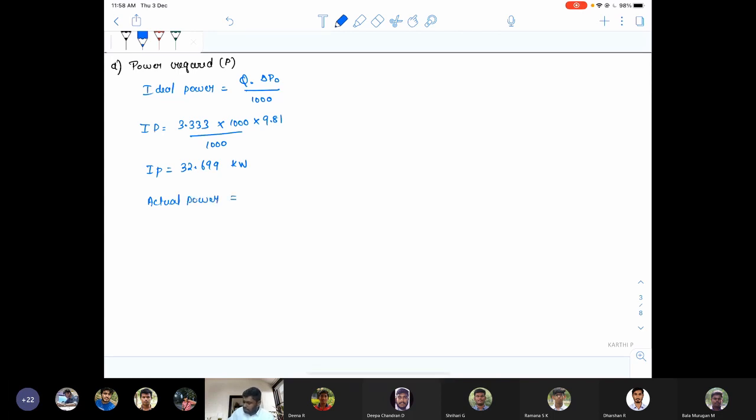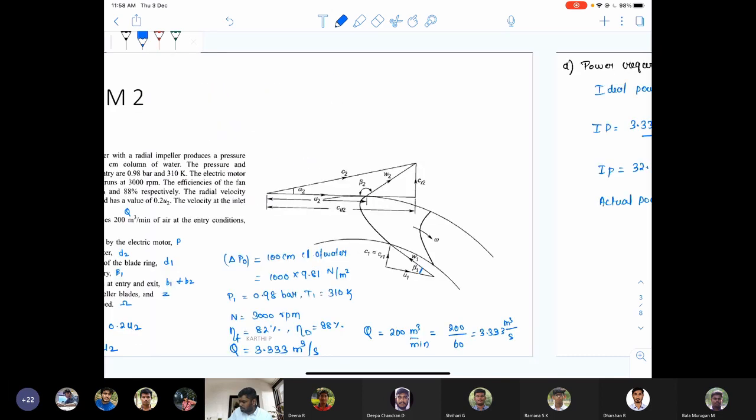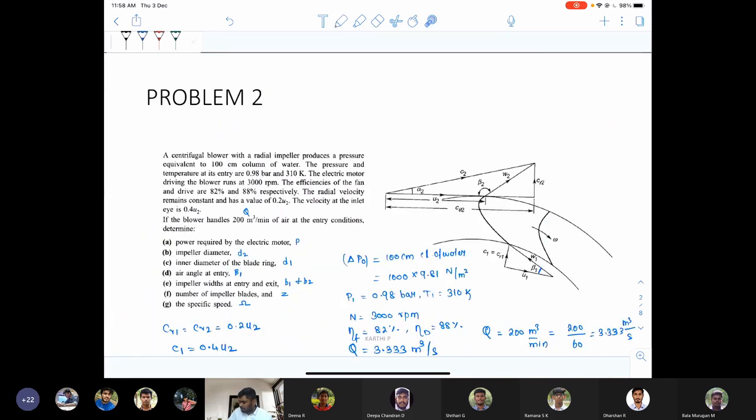The actual power is nothing but the ideal power divided by the fan efficiency and the efficiency of the driver. We have fan efficiency as 82% and the efficiency of the driver is 88%.